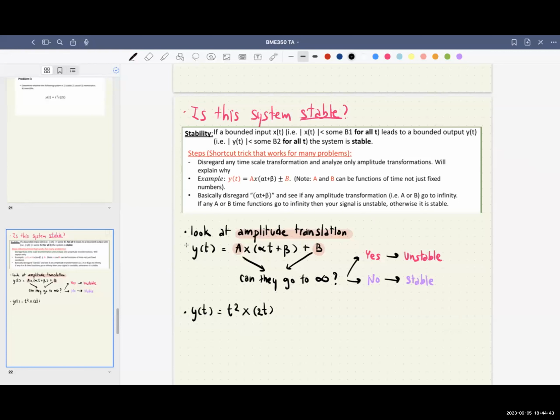If we have y(t) = A x(alpha t + beta) + B, we're going to focus on A and on B and check whether they can go to infinity. If either A or B can go to infinity, the system is unstable and unbounded. But if not, the system is stable.